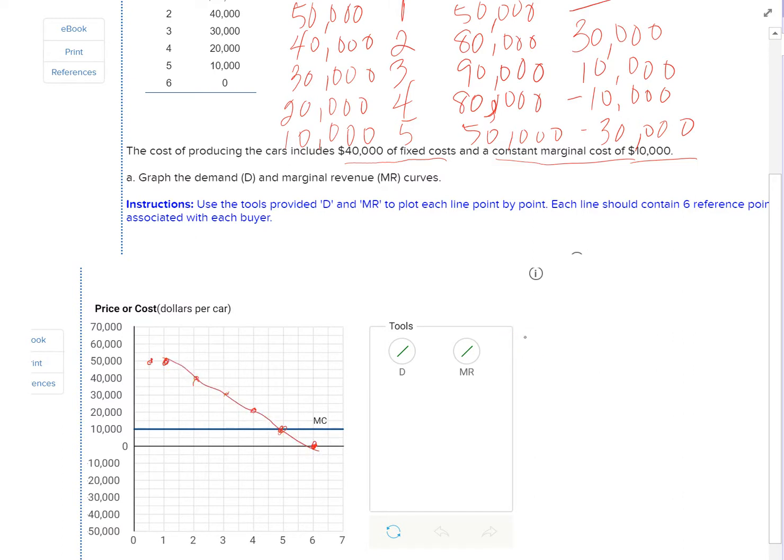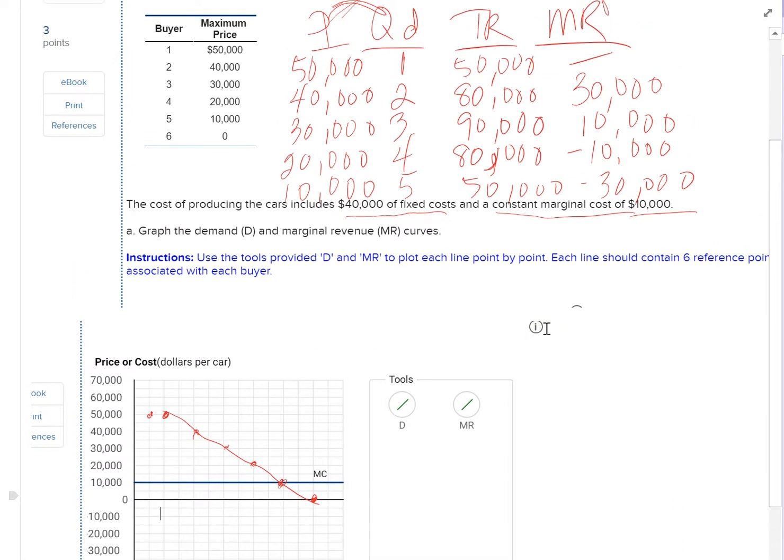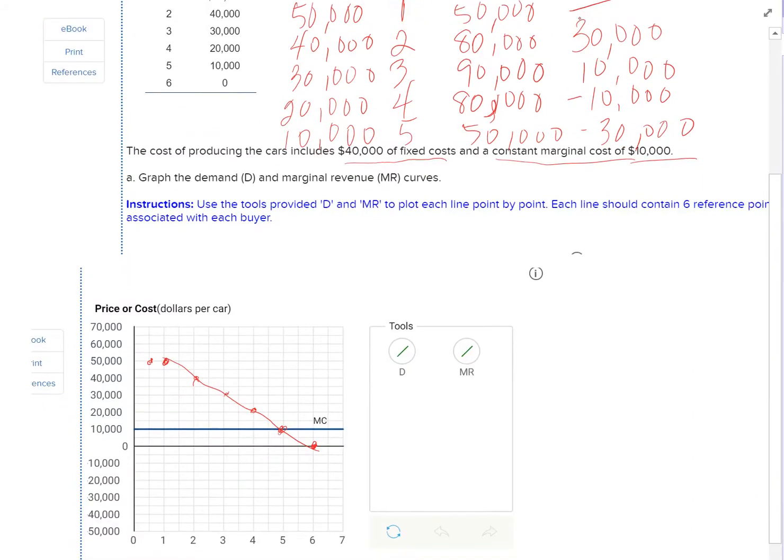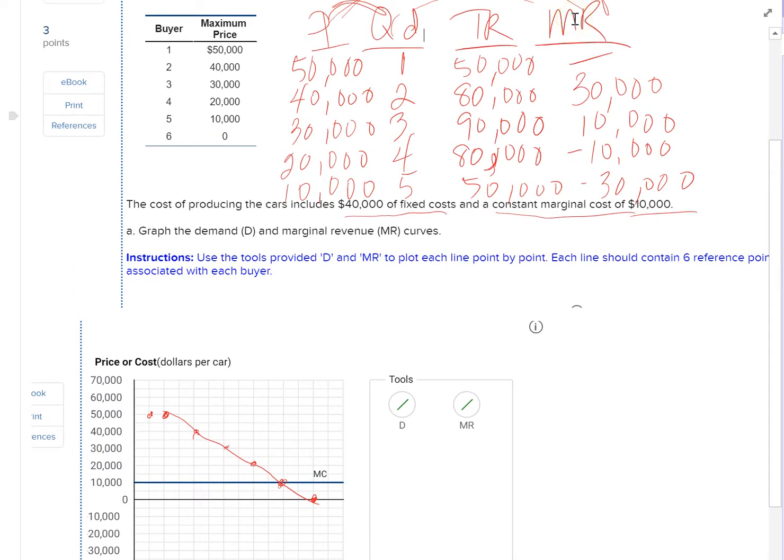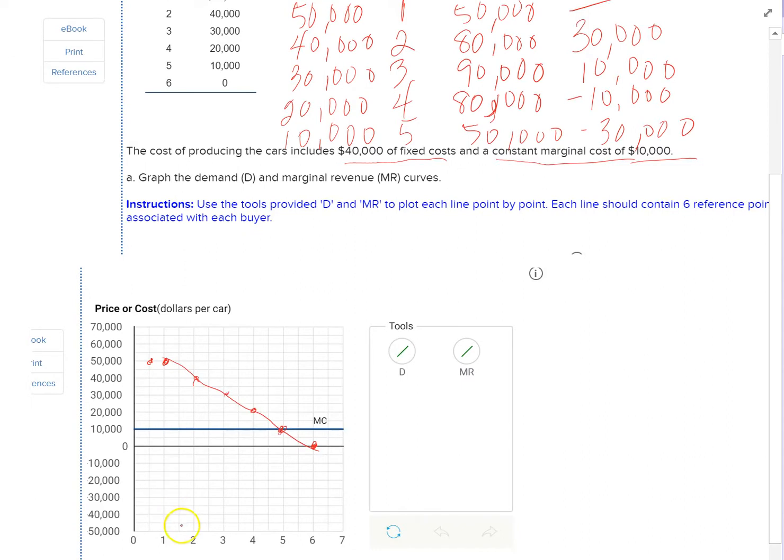Then the marginal revenue curve, which is going to sit below the demand curve. And we're going to connect the marginal revenue and the quantity. So I told you price and marginal revenue. I meant quantity and marginal revenue. So for that first one, that's not going to factor in. The second one, at a quantity of 2, the marginal revenue is 30,000. So we'll go here, and it'll go here. So it'll pick up at the same spot.